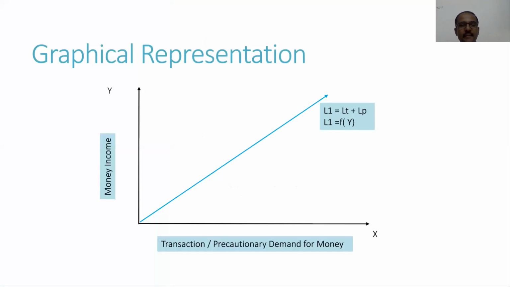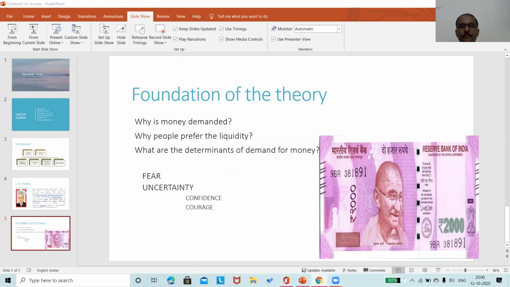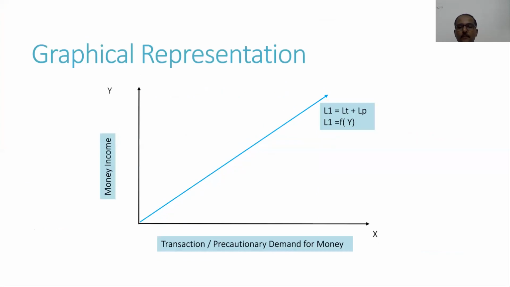So let us have, at the end, a graphical representation which will help us understand how exactly these two motives rule the demand for money. Friends, I have spoken about two motives: number one, the transaction motive, and second, the precautionary motive. I will call transaction motive plus precautionary motive, that is LT plus LP, as L1. And this L1 is a function of the level of income.